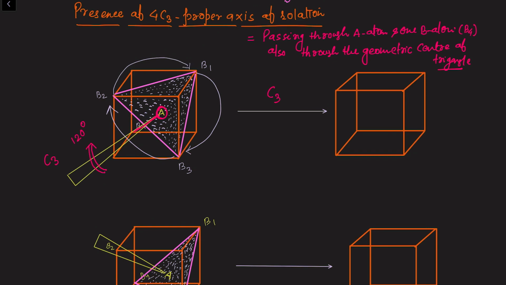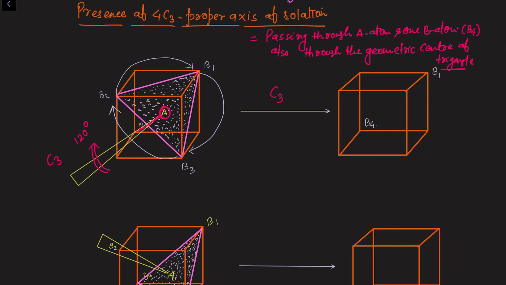But the B4 position will remain as it is. Now check, B2 will come in place of B1, B1 will come in place of B3, and B3 will come in place of B2. This is the C3 operation.